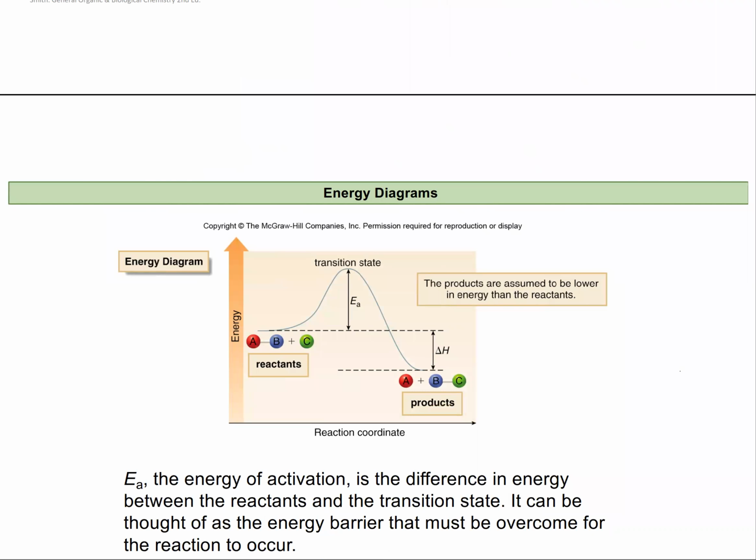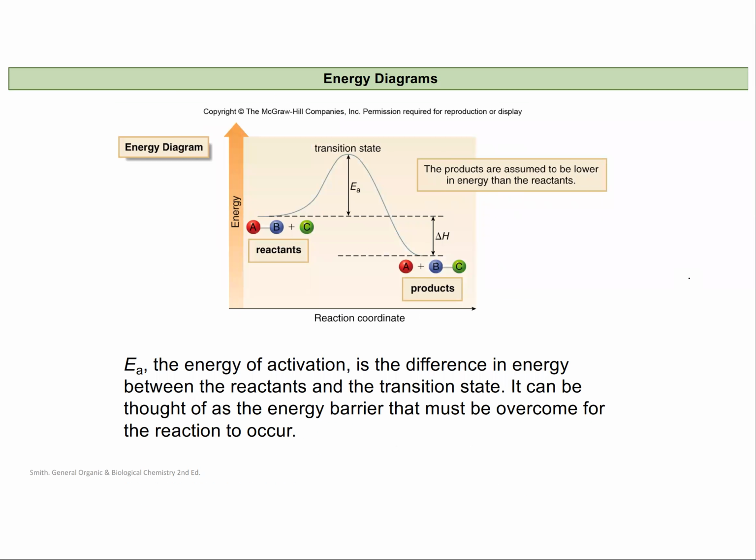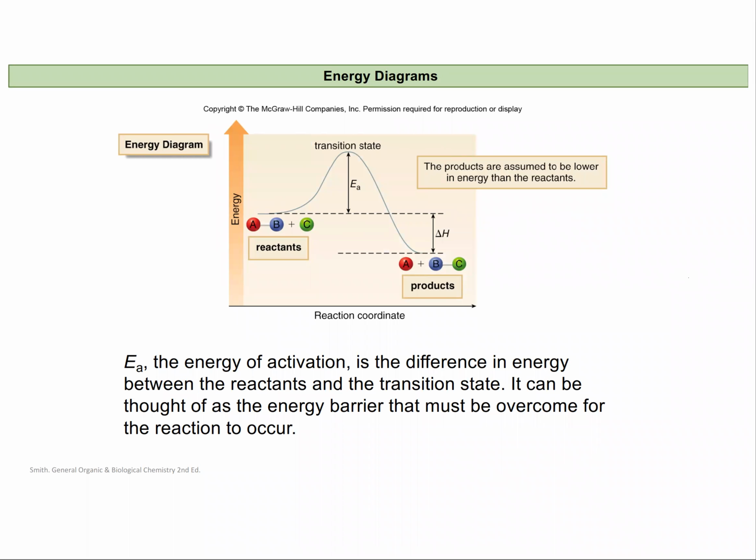So we like to track reactions with what we call energy diagrams. An energy diagram is going to plot energy on the y-axis, and then something we call the reaction coordinate on the x-axis. You can think about it as time too, or the progress of the reaction. And so in this case, there's a few things we're looking at.